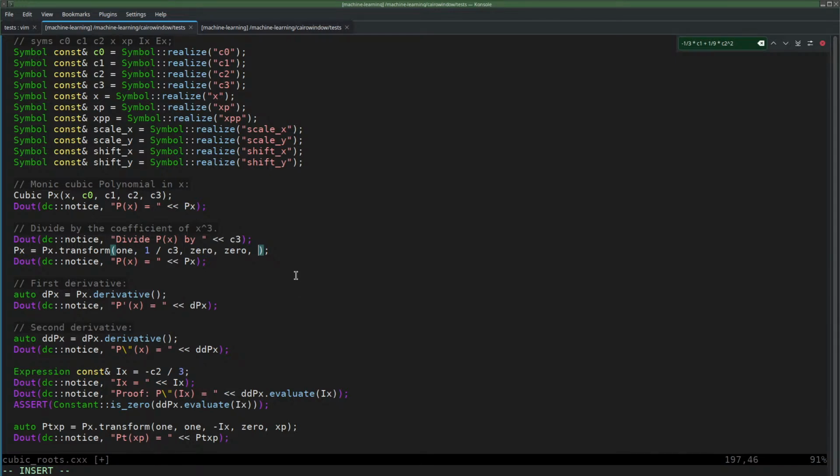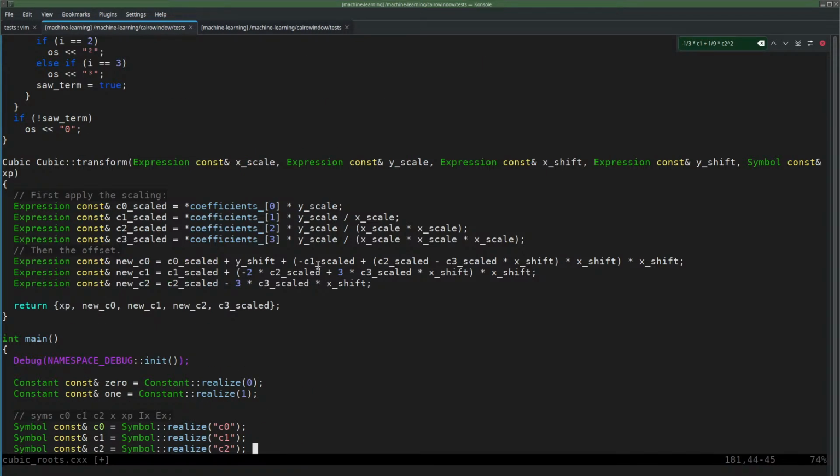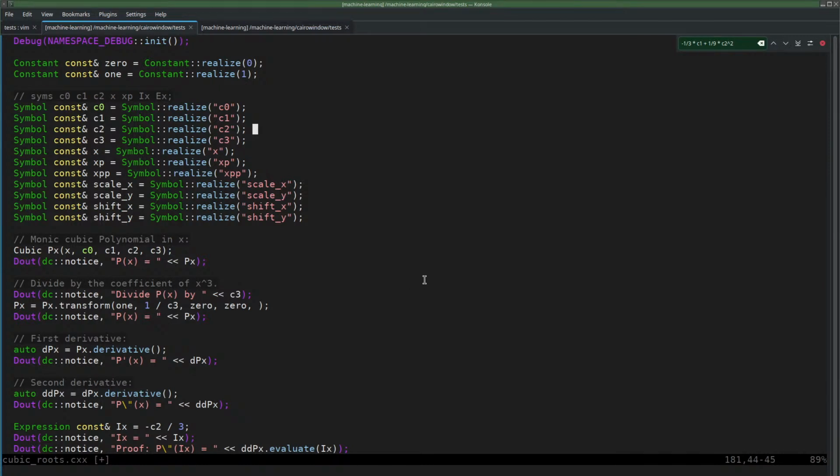I have to... transform takes possibly a new symbol, but I keep changing symbols.